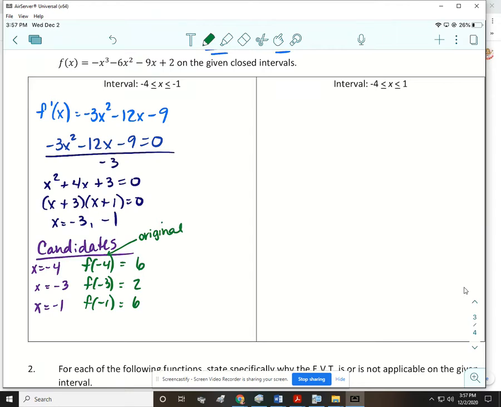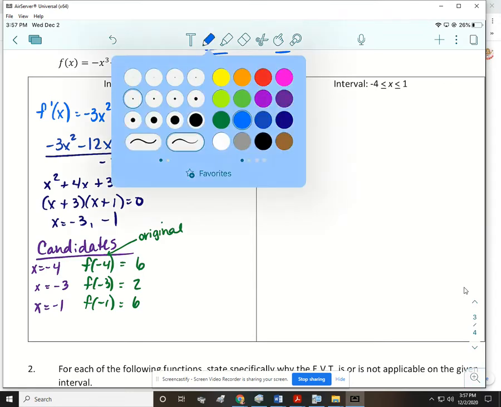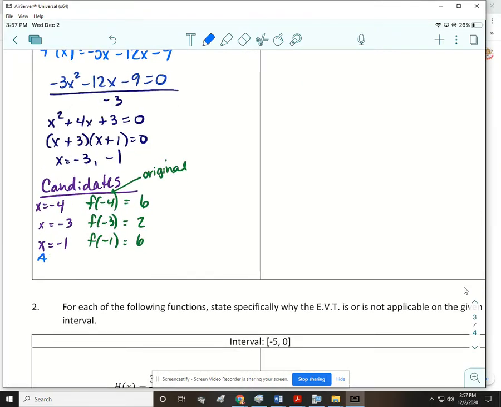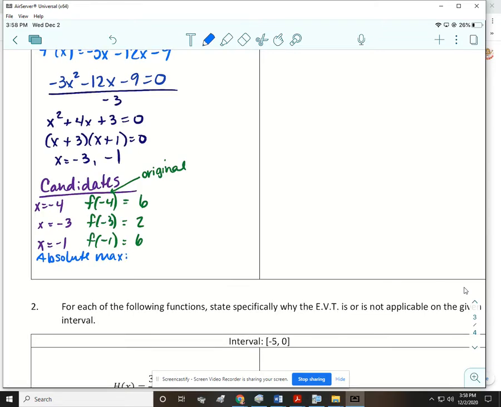All right, so we are asked to locate the absolute extrema, which means we need to tell where they live. So for our absolute maximum, we have to figure out who won the election for absolute maximum. And it looks like there are 2 winners. It's a tie. So we are going to have 2 absolute maximum points.